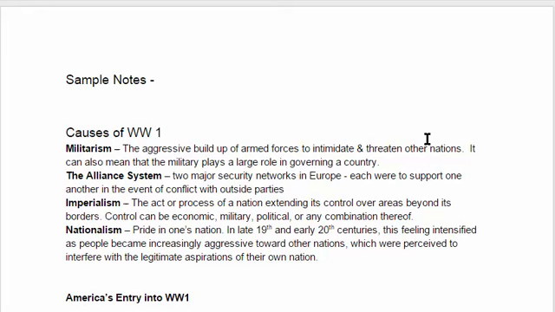There was a lot of friction, with countries taking offense at other countries having possessions around the world. The United States was involved in that, but most of our possessions were not in Africa or the same part of the world that Europe was dealing with. At this point, we have control of the Philippines, we annex Hawaii. There are some other things going on, but we're pretty far away from that conflict in Europe.